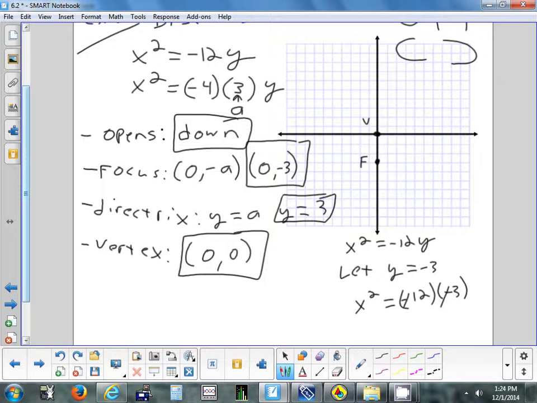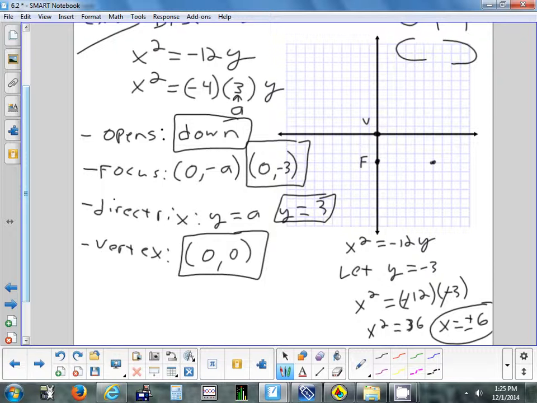Negative times negative is a positive 36. So what's x? Anything else? Positive or negative. Remember, that's what gives you the symmetry, both halves. So when y is negative 3, we're at 6.